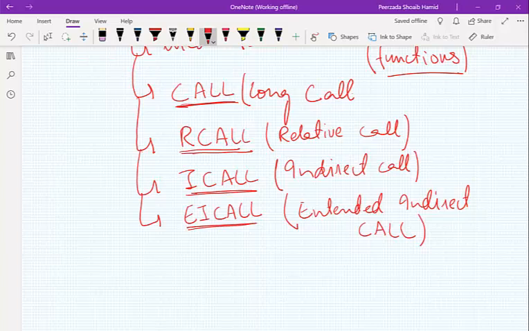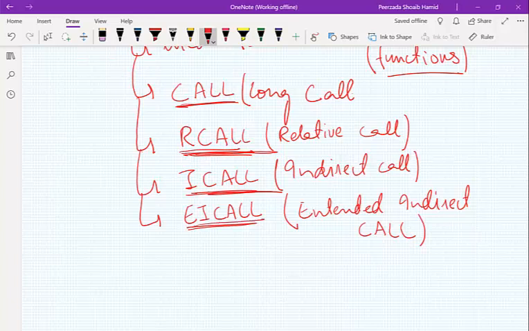In case of relative call, the address of the subroutine is calculated by adding a particular number present inside the instruction to the contents of the program counter, and the result gives us the starting address of the subroutine. In ICALL, as you may have seen in IJMP, the starting address of the subroutine is written in a special register known as the Z register.